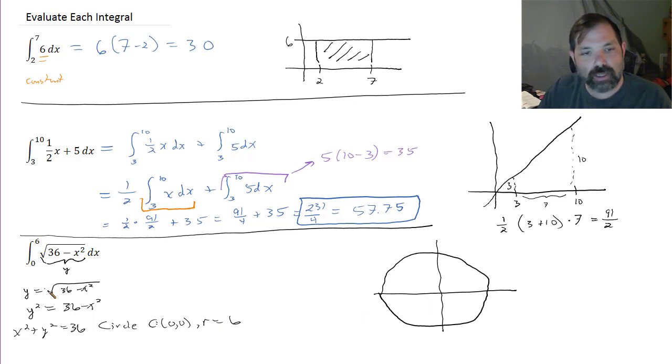Okay, but wait a second. We were given the positive root, right? This was the positive root. And so then this is the upper half of the circle. So it's only the upper half of the circle.